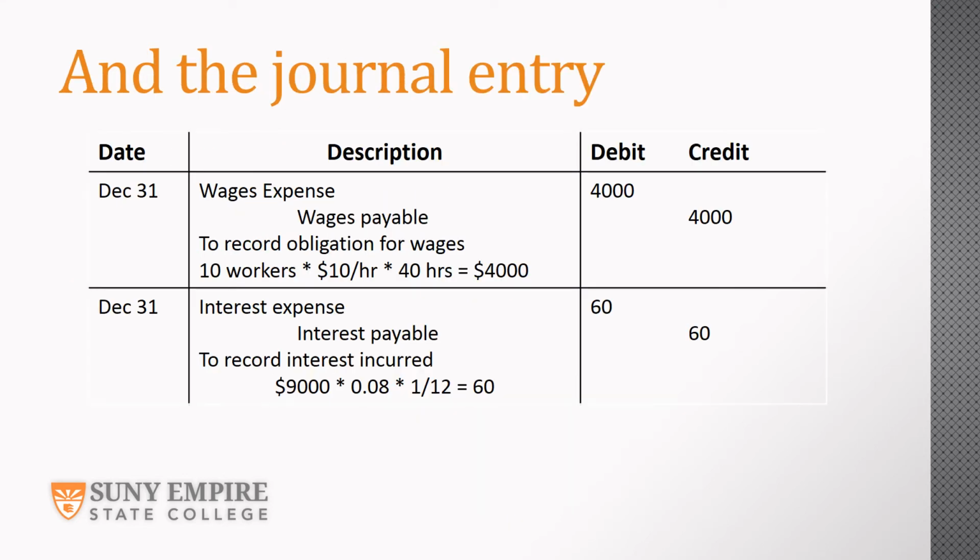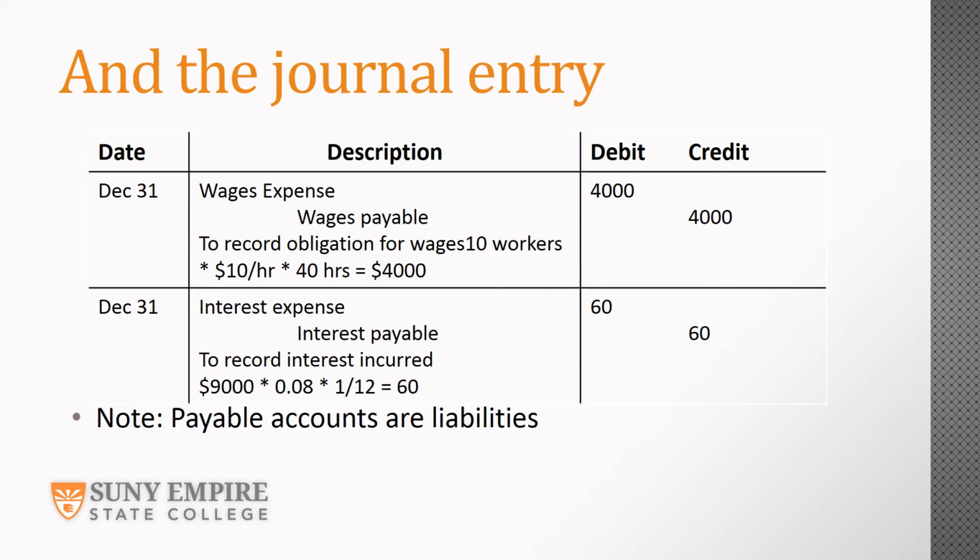The date of the adjusting entry is December 31st. The debited account is interest expense for $60. This is matched by a credit to interest payable, also for $60. The entry closes with the description that we are accounting for interest accrued with the calculation of the final amount.